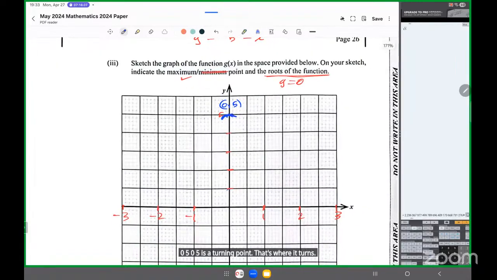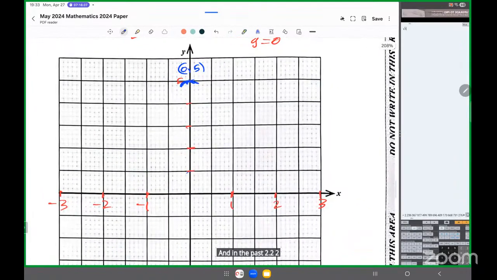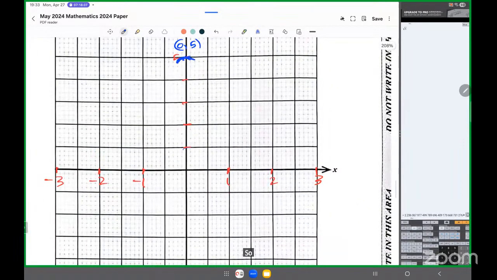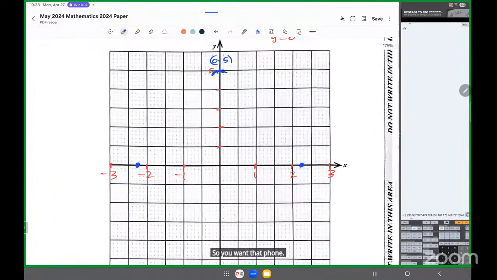And then it passes through 2.2 something, right? So 2.2 would have been about right here, and negative 2.2 would have been about here. So you pass through those points. You want a frown that passes through those points and turns here, so that is the sketch.